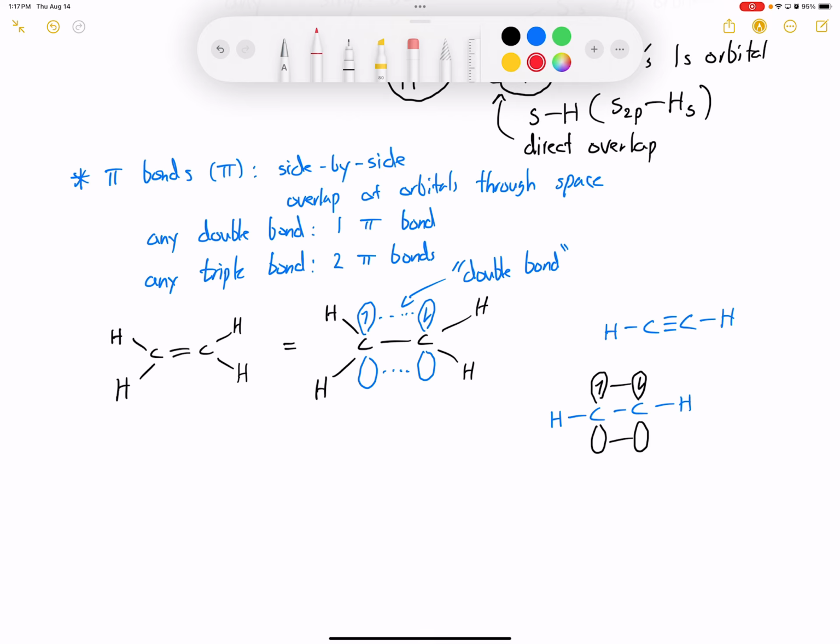But I'll draw it for you so it's easier to see. It's like this. So try your best to draw it like here, and it's going to stick out like that. And this one's going to stick out like that. And the p orbitals are going to go in front and behind the carbon-carbon axis. That's the second set of p orbitals, and that's going to be our triple bond there, okay? So this thing right here is our triple bond.